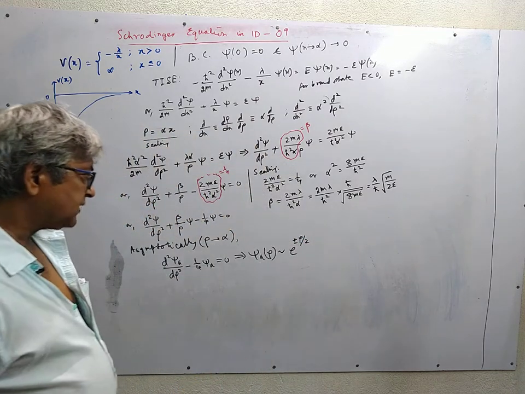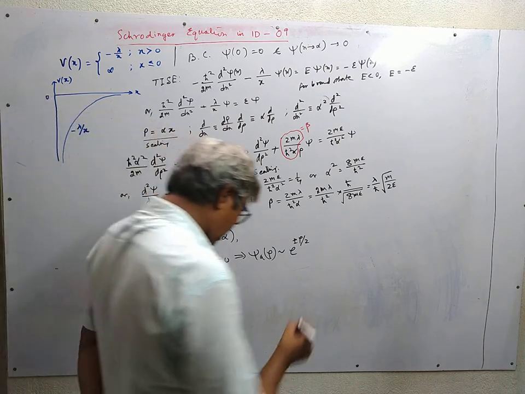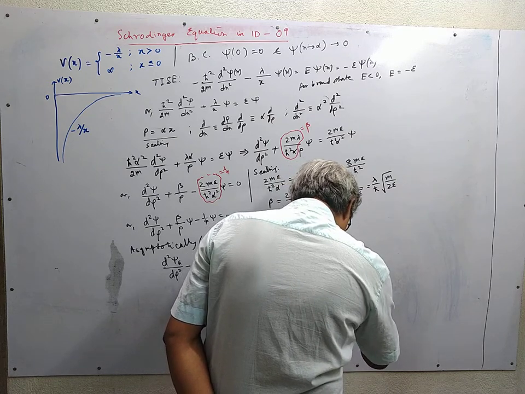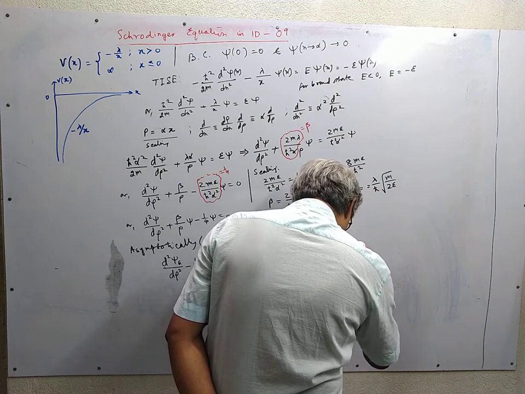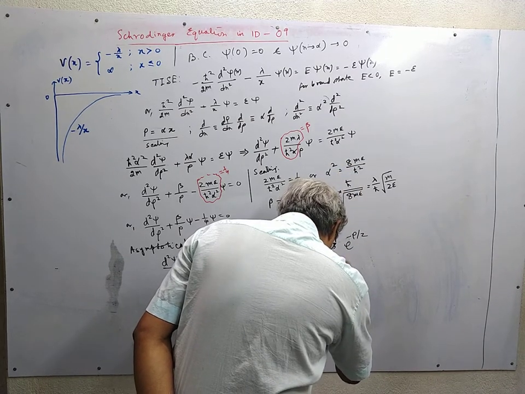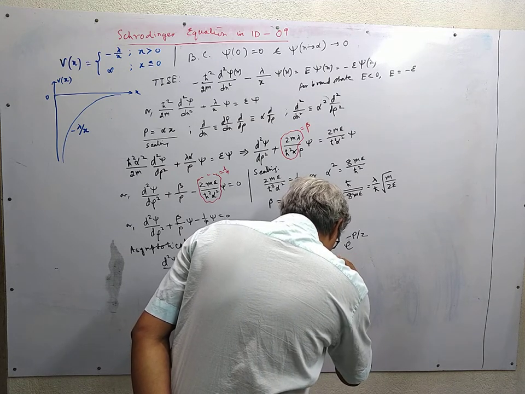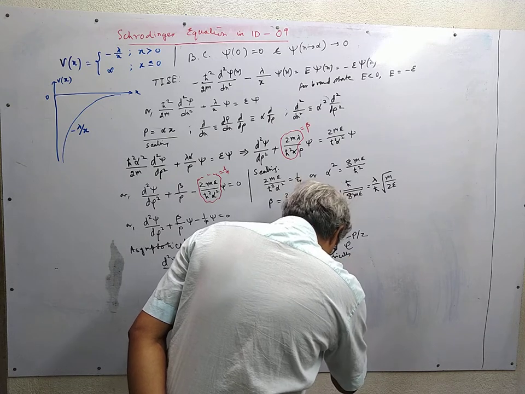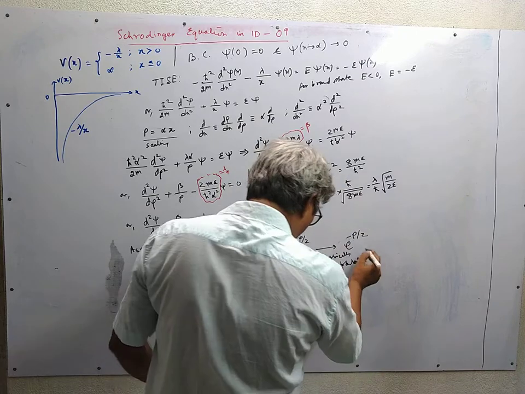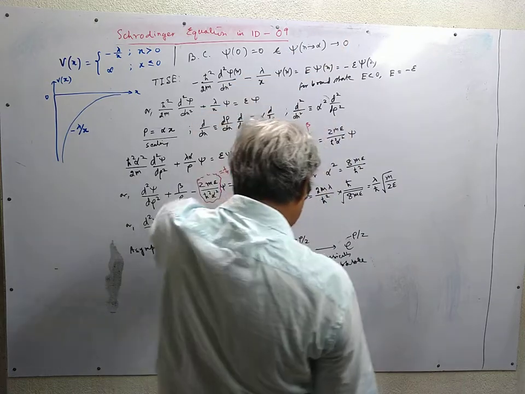But e to the power plus rho gives you divergence as rho tends to infinity. So the physically acceptable solution is e to the power minus rho, which satisfies this boundary condition. The plus sign doesn't satisfy this boundary condition.